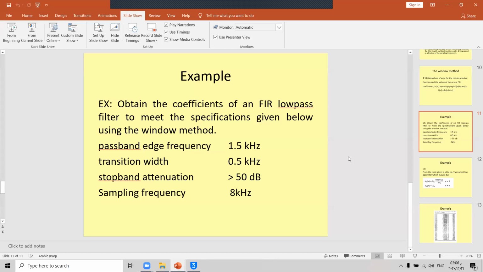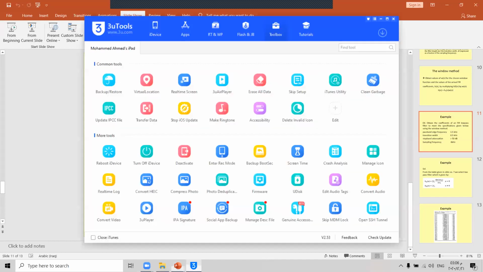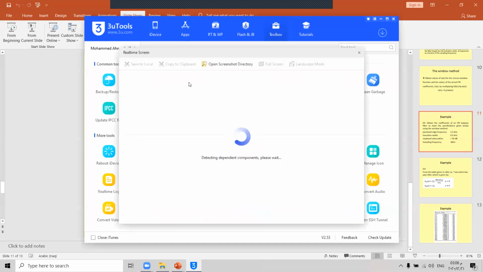Of course, to solve any problem regarding filter design, first of all, you have to draw the tolerance scheme. Without drawing the tolerance scheme, you will do nothing. So first of all, based on the given information, we have to sketch the tolerance scheme. After that, you may determine the required values.